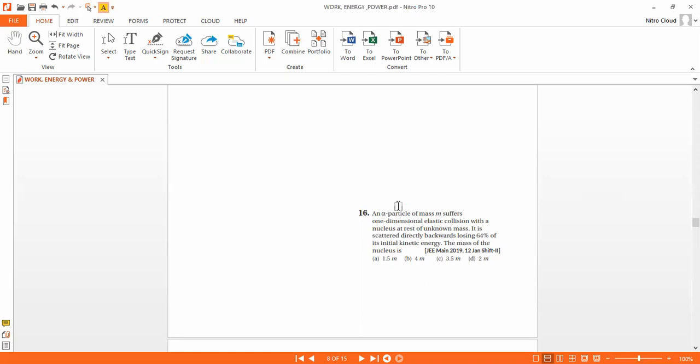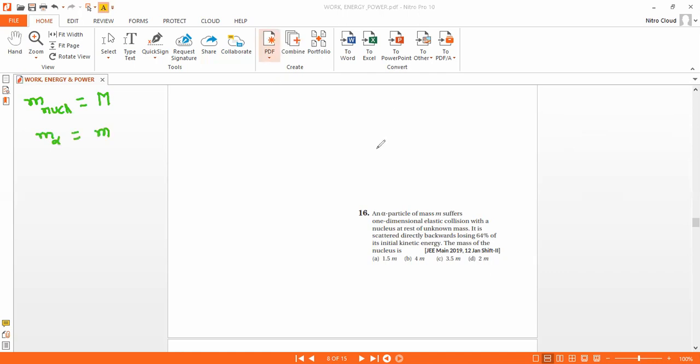Here we have an alpha particle of mass m and a nucleus. I will consider the mass of the nucleus as capital M, and the mass of the alpha particle as small m.